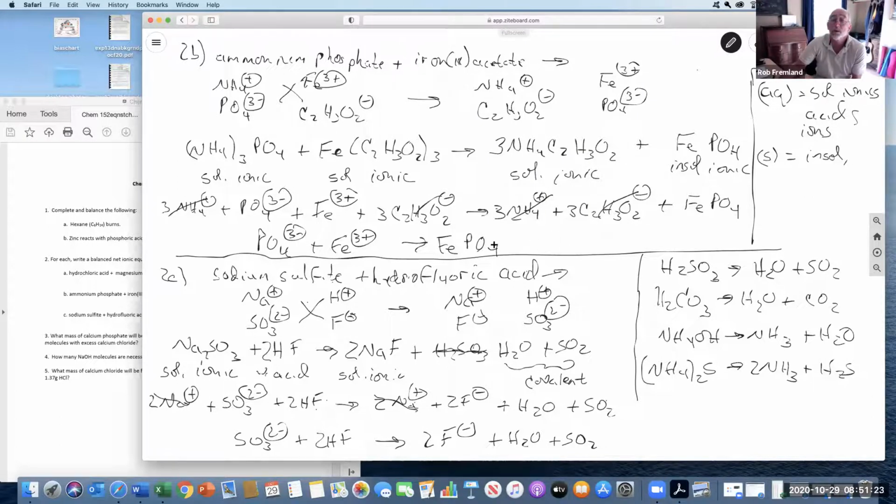So this would be a solid. Liquid, in Chem 152, is water. That's the only one. And then gases are going to be most covalent compounds. That'll help you a lot. So water's a liquid, SO2, CO2, NH3, H2S. These are all going to be gaseous. Any soluble ionic or any acid will be aqueous. The ions by themselves will be aqueous.